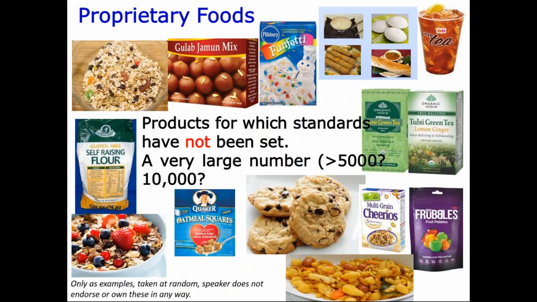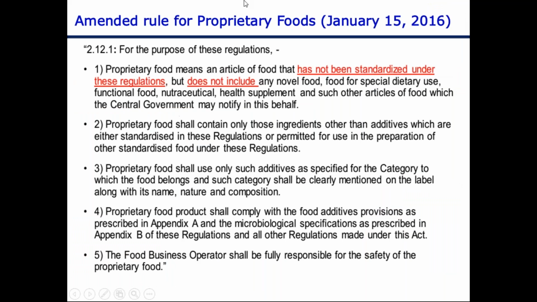So here are a number of proprietary foods for which we do not have standards, such as chocolate chip cookies, or maybe oatmeal squares, muesli, etc. And then the amended rules for the proprietary food, which came into being on January 15th, very clearly say it is not standardized.